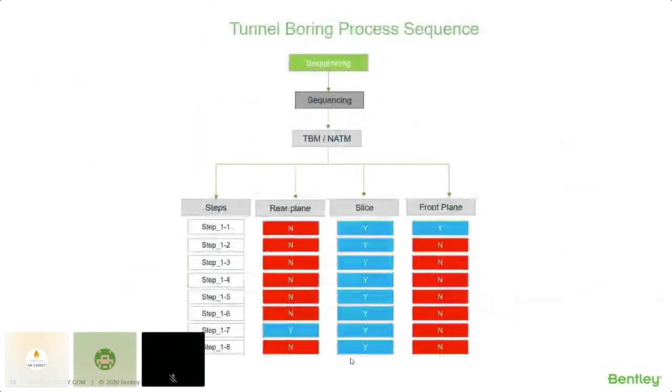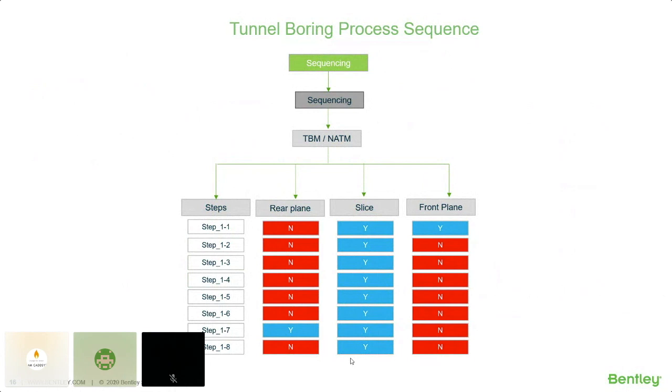Now, next we have the tunnel boring process sequence. The sequencing submode simplifies the definition of the phases in the stage construction mode. There are 8 repetitive steps in the tunnel boring process, and these steps define the sequencing of the tunnel boring process. And these 8 steps also define which part of the TBM is active.